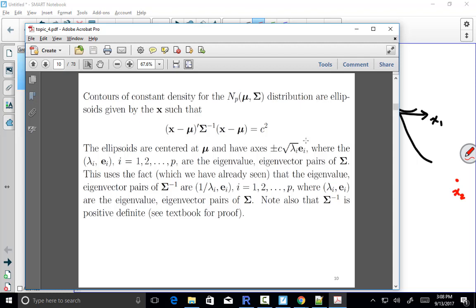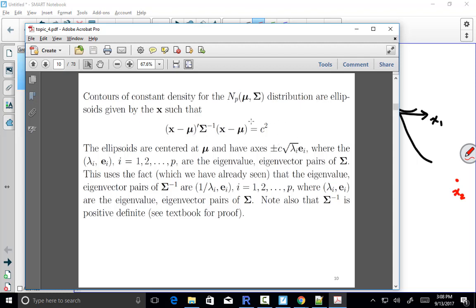For this particular quadratic form, the statistical distance is a quadratic form. It's a vector transpose, a weighting matrix, times the same vector. In our case, it's x minus mu transpose, our weighting matrix is sigma inverse, and then x minus mu again.